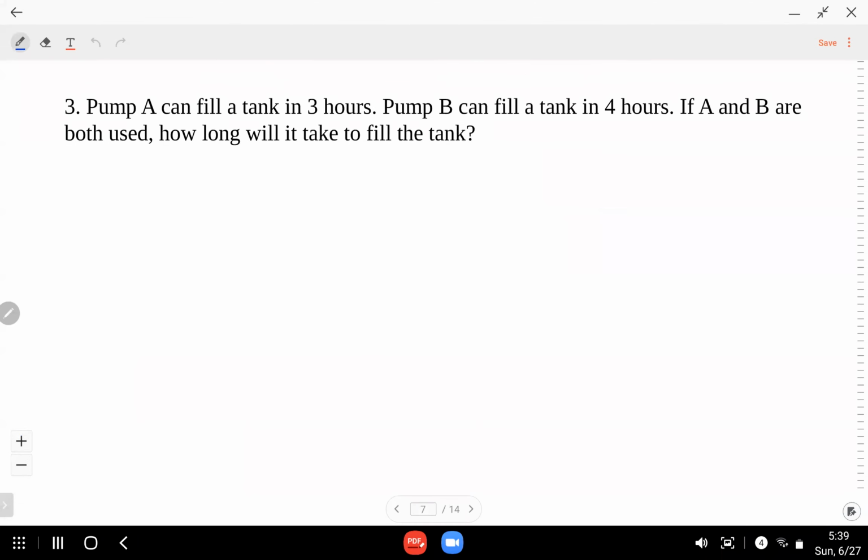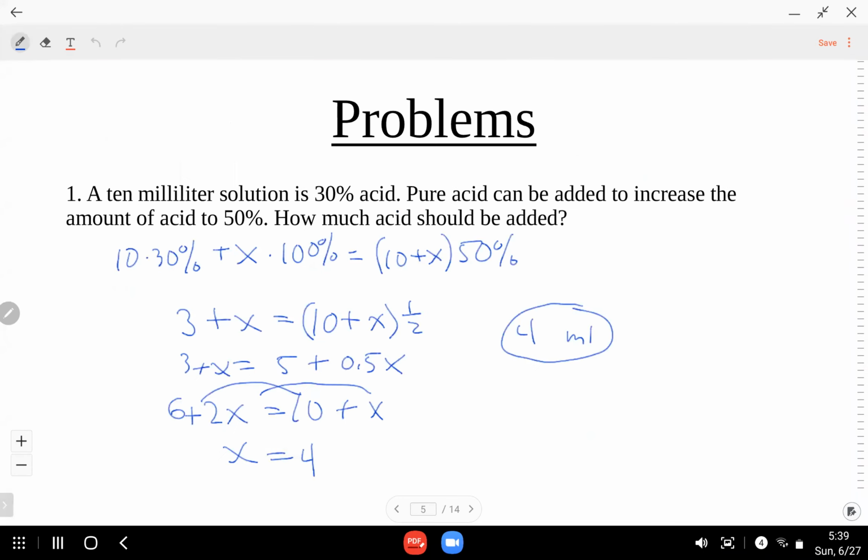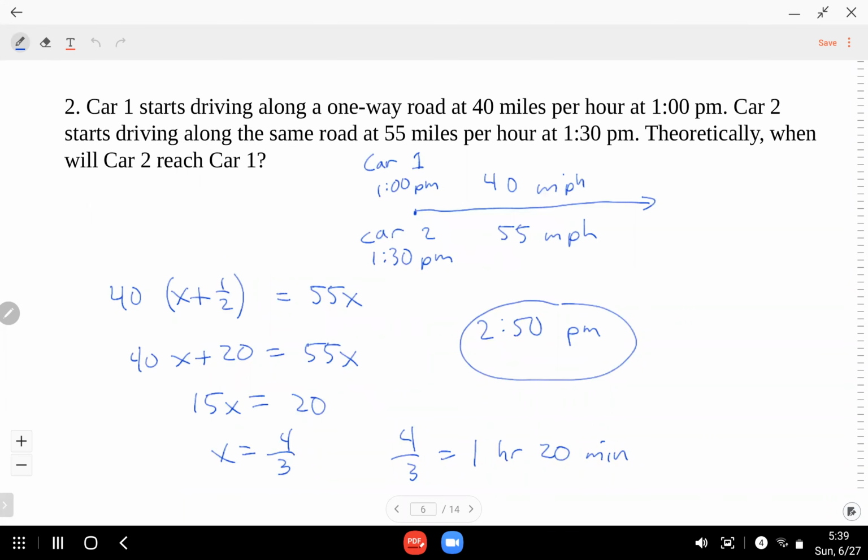Now you need to devise an equation, and a lot of these I'm teaching are very common word problem types, like car problems, and I think the next one is a pump problem. Pump A can fill a tank in 3 hours, something like that. And then this one is an acid problem, just a percentage problem.